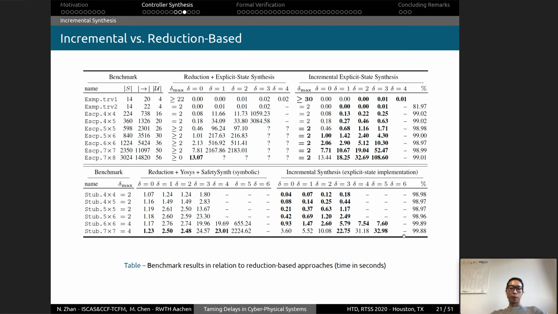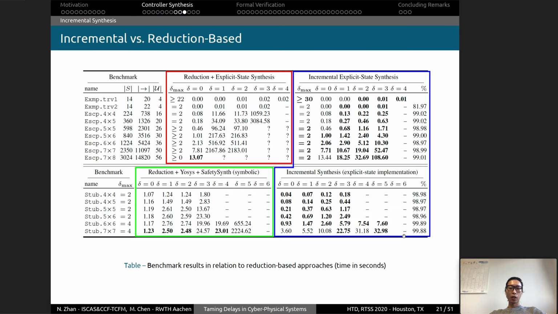Good. We have a prototypical implementation of the incremental algorithm, and here we did some experiments. The benchmarks are from the escape game between the robots and the kid you have already seen from previous slides. We did some comparisons.